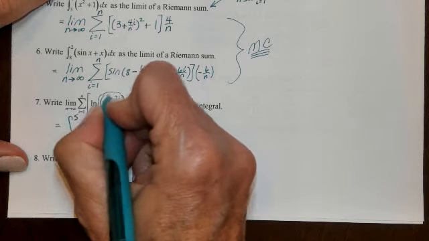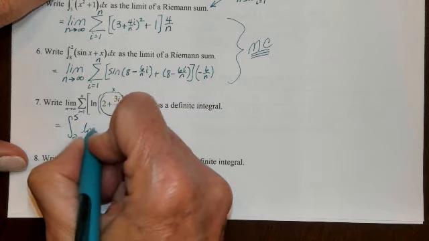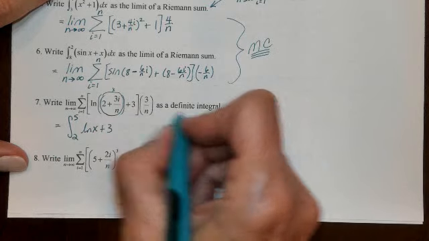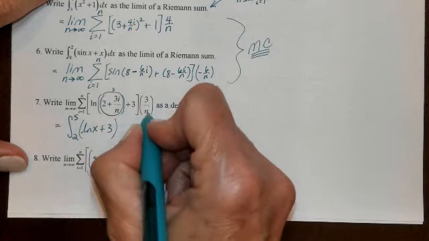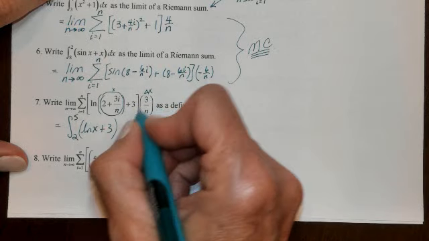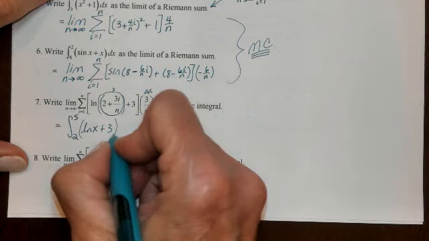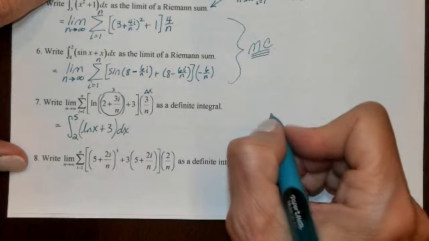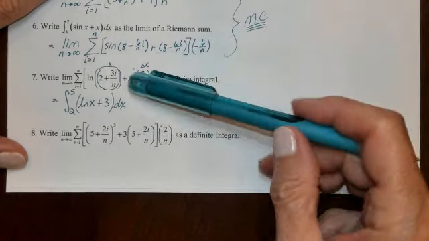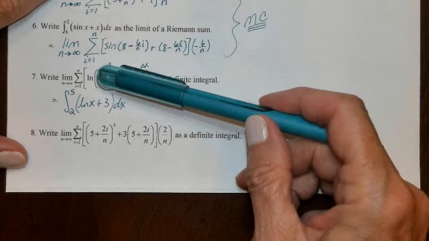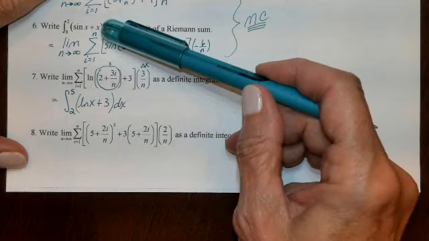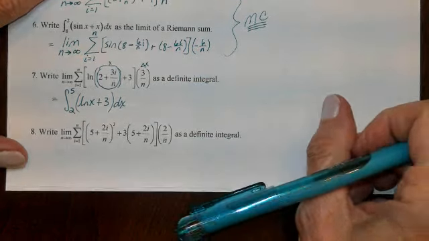So ln x plus 3 is our function. And then this is our delta x. And in an integral, delta x is dx. That's it. Most kids far prefer going from the limit of the Riemann sum to the definite integral than from the definite integral to the limit of the Riemann sum.